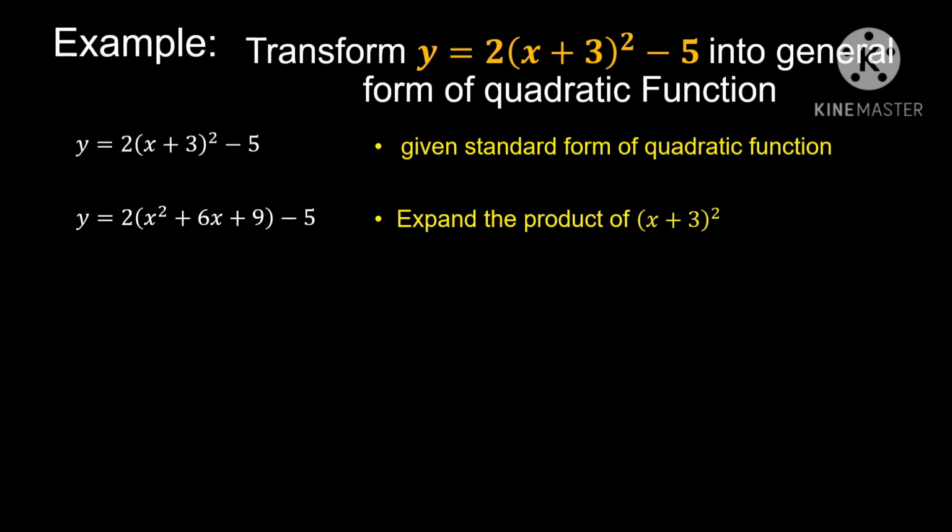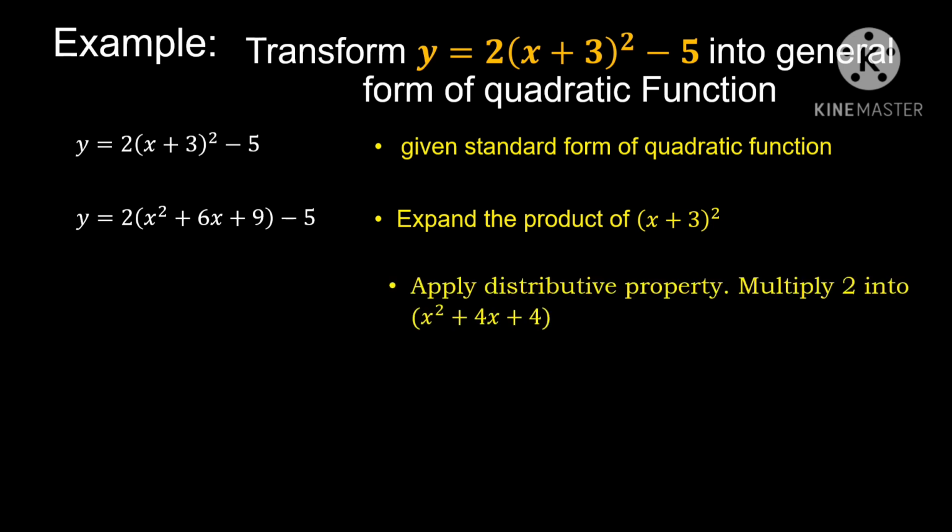So that is the product if we square x plus 3, meaning x plus 3 times x plus 3 will come up with x squared plus 6x plus 9. Then after that, we have to apply distributive property. Multiply 2 into x squared plus 6x plus 9. So, multiply natin ito. So, 2 times x squared, 2 times 6x, 2 times 9.